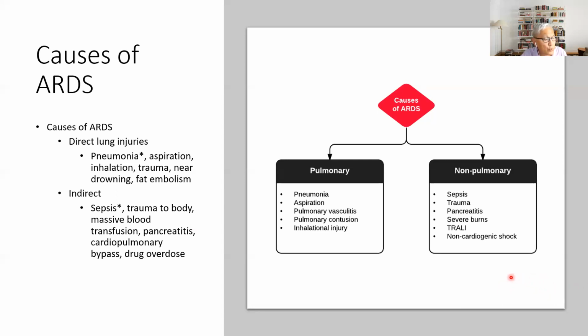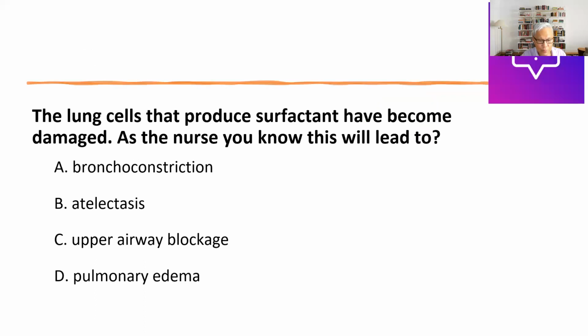It could also be as a result of pancreatitis, and the other ones are non-cardiogenic shock. So all these conditions are going to be non-pulmonary in origin. Okay, so those are the causes of ARDS. They could either be pulmonary, intrapulmonary, or non-pulmonary or indirect lung injuries.